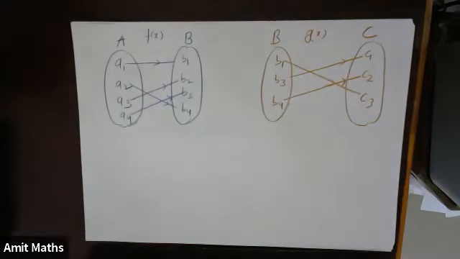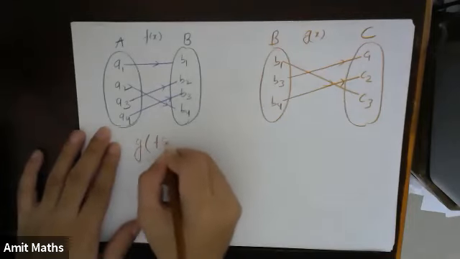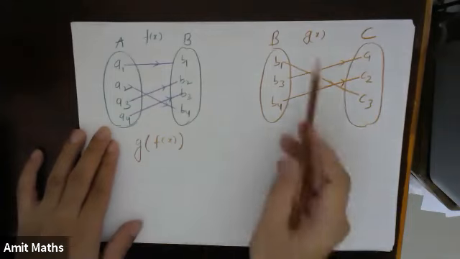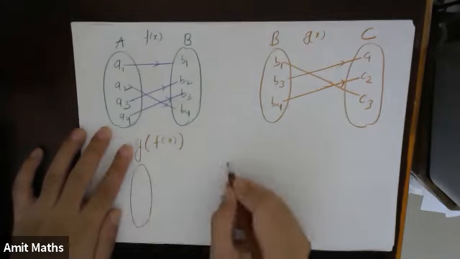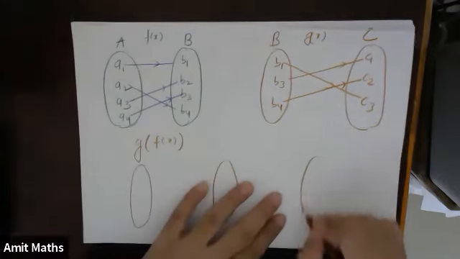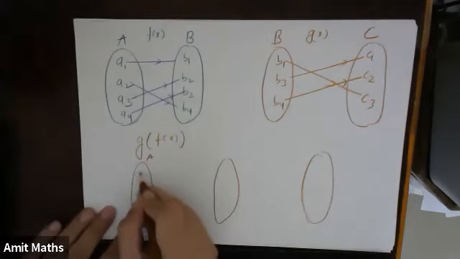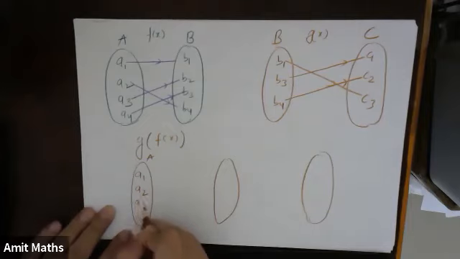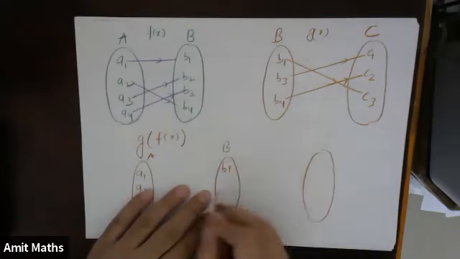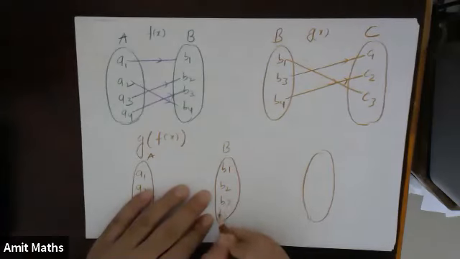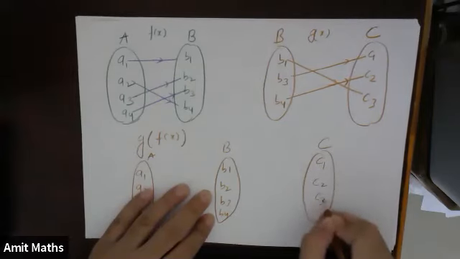Now if I write the composite function g of f of x, I'll write set A, set B and set C. Set A will have elements A1, A2, A3, A4. Set B will have elements B1, B2, B3 and B4, and set C will have elements C1, C2, C3.